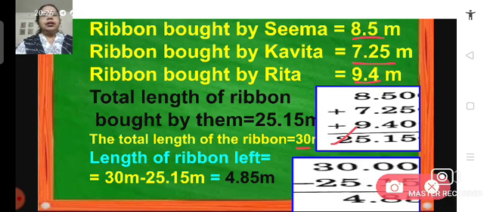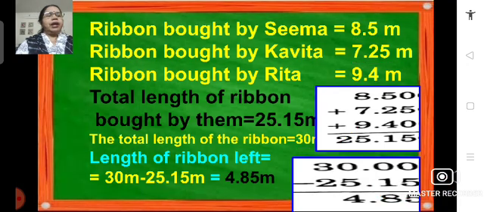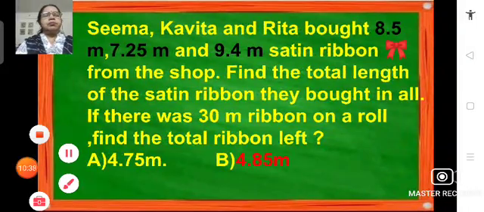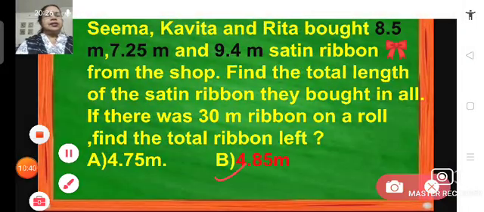So, what will be the length of ribbon left? It will be 30 meter minus 25.15. We get 4.85 meter. So, 4.85 meter, that is option B, is the right answer. Let's move on to the next problem.